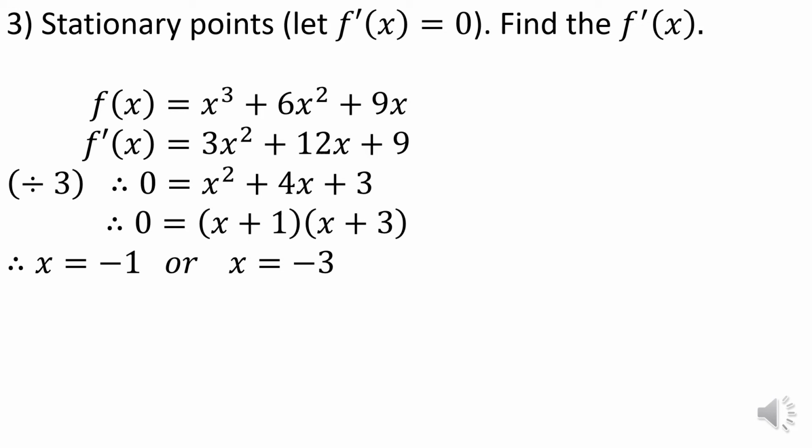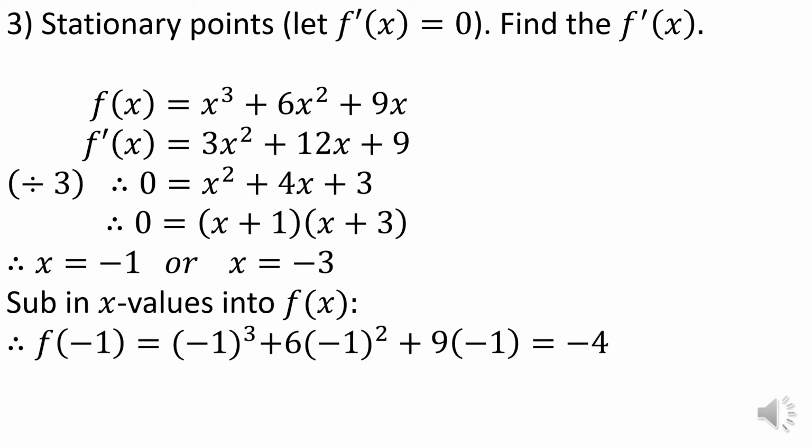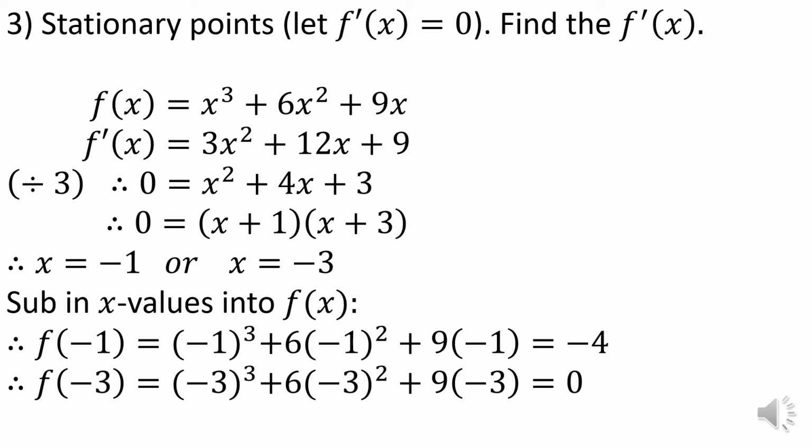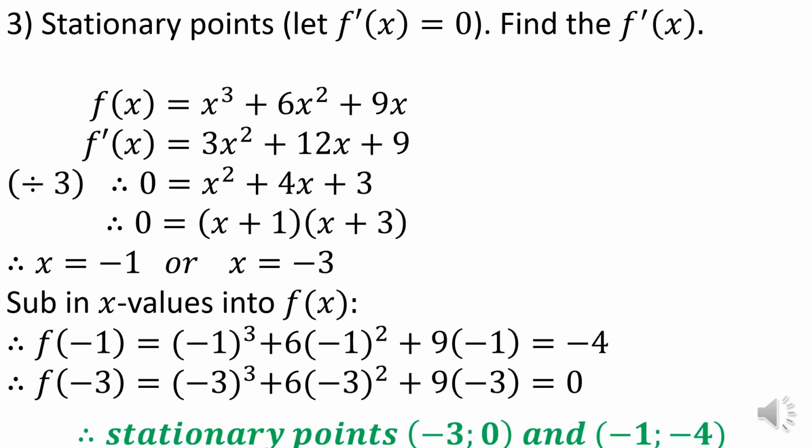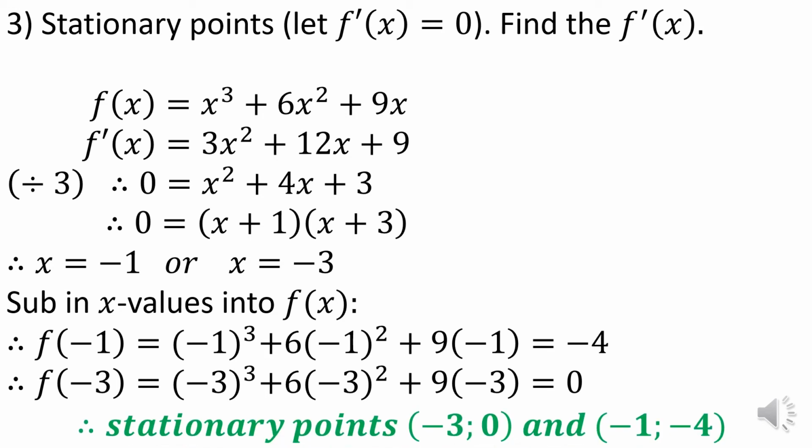So, we are subbing in the x values into f of x, and f of minus 1 is equal to minus 1 cubed plus 6 times minus 1 squared plus 9 times minus 1, which is equal to minus 4, and f of minus 3 is equal to minus 3 cubed plus 6 times minus 3 squared plus 9 times minus 3, which is equal to 0. Therefore, our stationary points are minus 3 and 0, and minus 1 and minus 4.